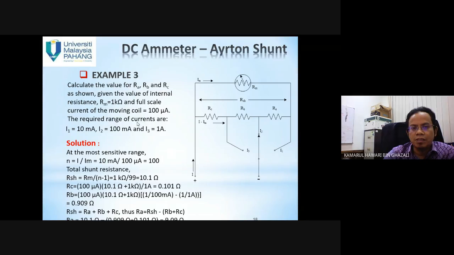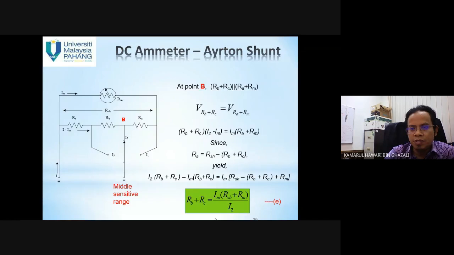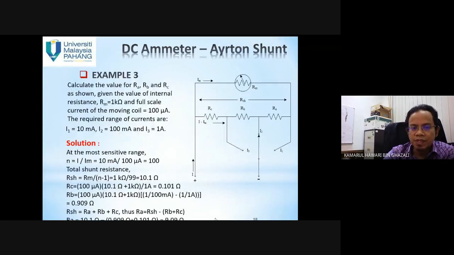The required ranges of current are I1, I2, and I3. You can go through this solution, which uses all the equations that I explained just now. And finally, you will get all the RA, RB, as well as RC.